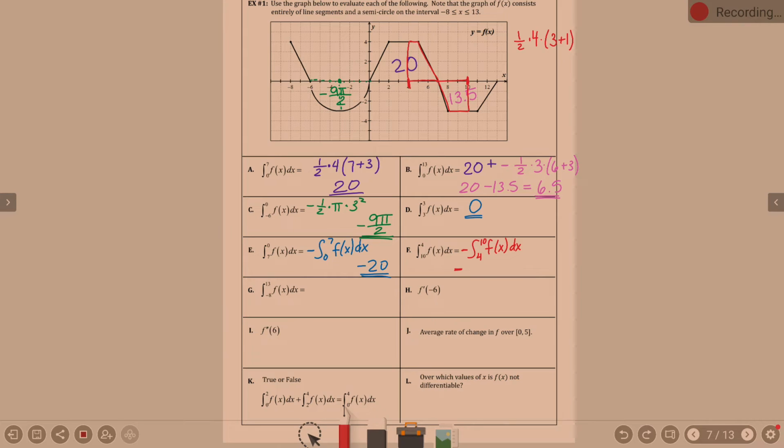So this piece is going to have 8, if you will. Ignore the 20. Remember, the 20 was the whole thing. And then down below, it's 1/2 times a height of 3, and then bases of 3 plus 2.